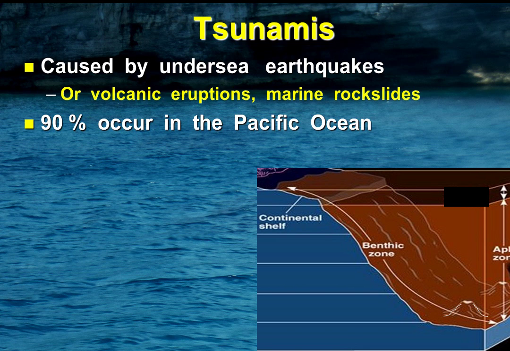Now, should that volcano erupt, the column of water above that volcano, outlined in red, will be displaced by the eruption.